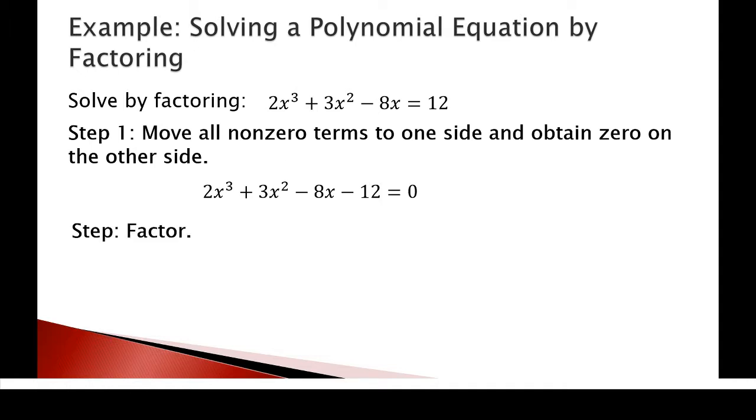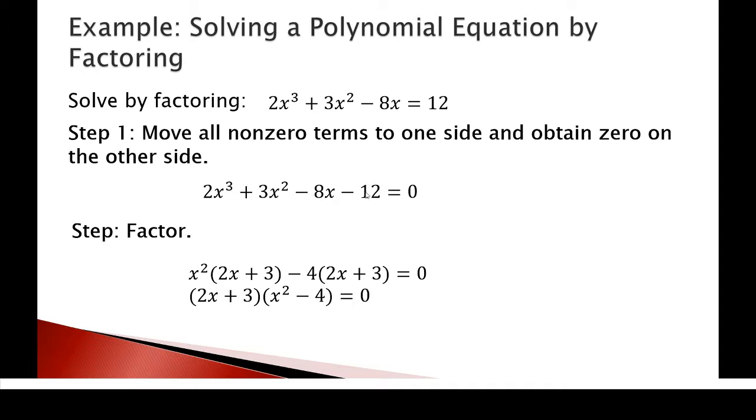As a second step, we need to factorize this equation. You can see in the first two terms, x squared is a common term. And in the last two terms, negative 4 is the common term.